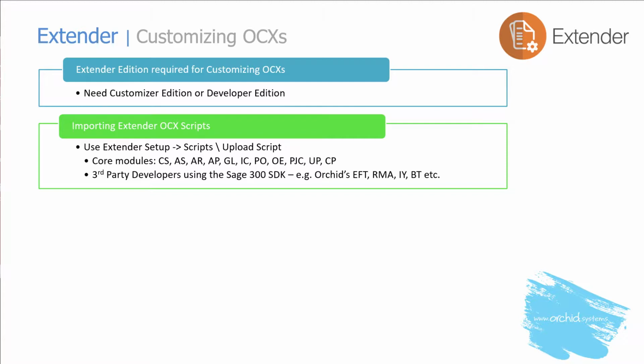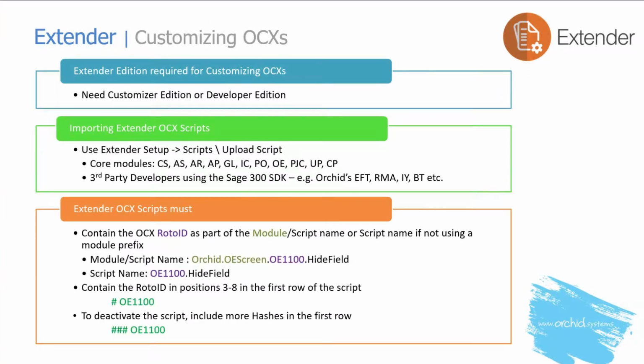And as I mentioned before, you can apply these scripts to any OCX which is developed in the Sage 300 SDK. The extender scripts must contain the roto ID of the OCX that you want to apply it to as part of the module and script name, or just script name if you're not using a module prefix.